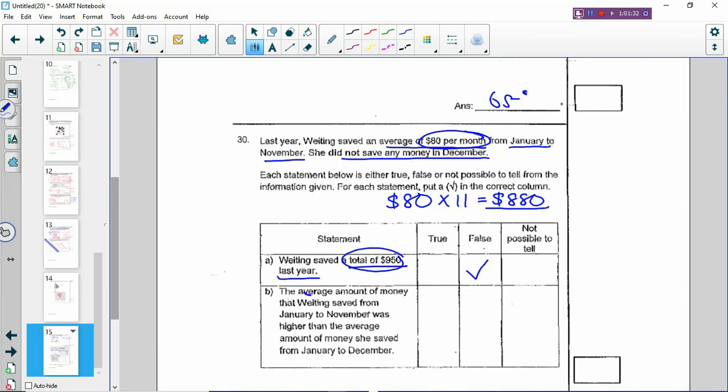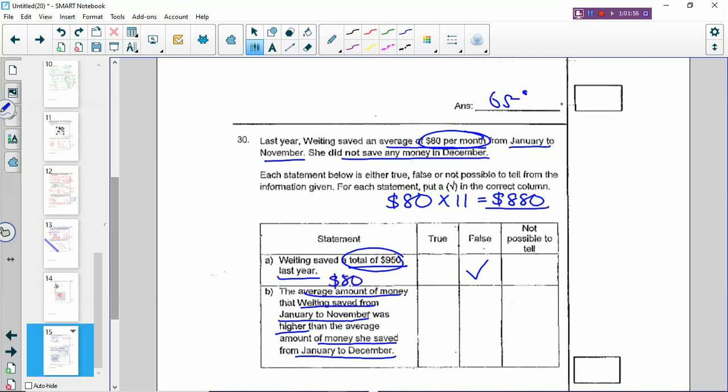The average money that Wei Ting saved from January to November was higher than the money she saved from January to December. So what do you do? You have to prove it, whether it is true or false. So you find the average money that she saved from January to November. Which is $80, right?